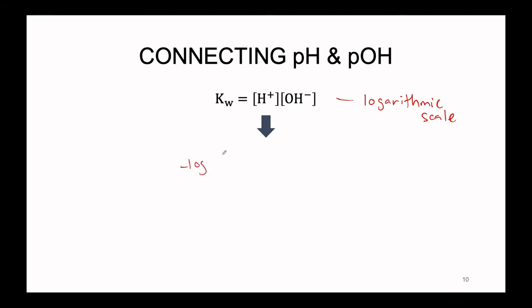The negative log of our Kw is going to be equal to the negative log of the concentration of H plus times the concentration of OH minus.